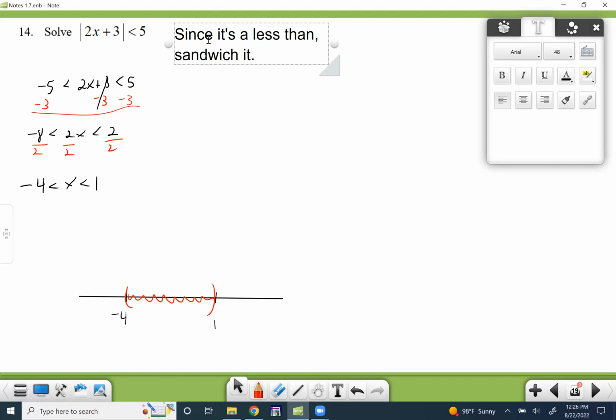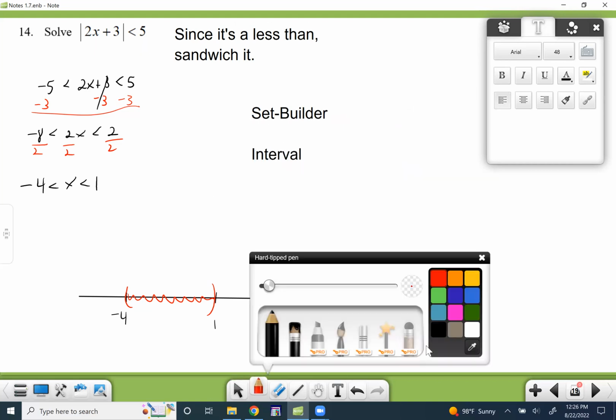Right. And then let's go ahead and do our set builder and interval notation for this. Set builder, squiggly brackets.